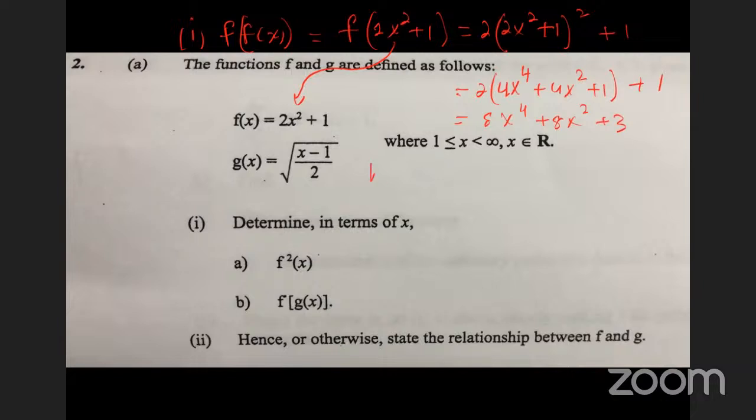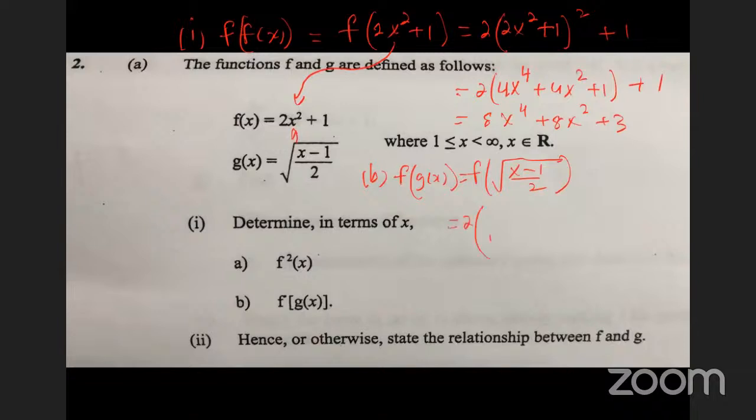And part B, you want f of g of x. So f of g of x is the square root of x minus 1 on 2. So you're going to put the square root of x minus 1 on 2, same thing, right in there. Remember, g going into f, okay?